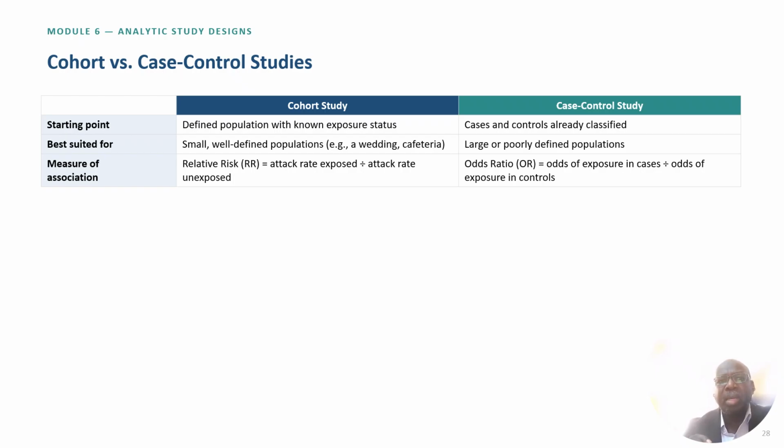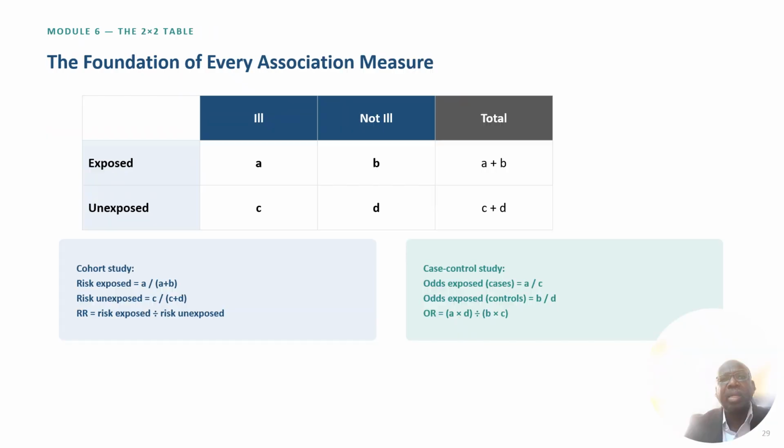The answer that I want you to memorize is: in outbreak investigations, we conduct several types of epidemiological studies. It starts with descriptive studies, describing the cases in terms of time, place, and person, and also analytical studies, which are cohort and case-control studies.